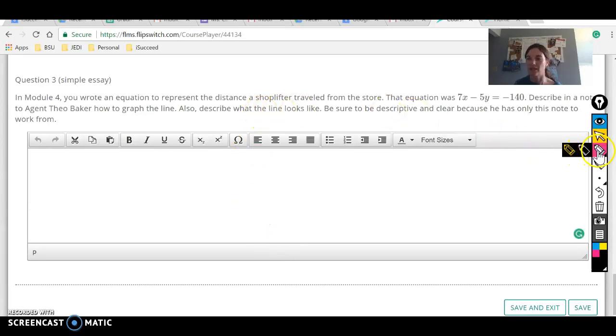Essentially, I had come up with negative 7x plus 5y equals a positive 140, which if you were to multiply everything by a negative 1 would become 7x minus 5y equals a negative 140. So these are essentially the same, but just know that we had it slightly different. So again, same answers, but two different ways to write it.